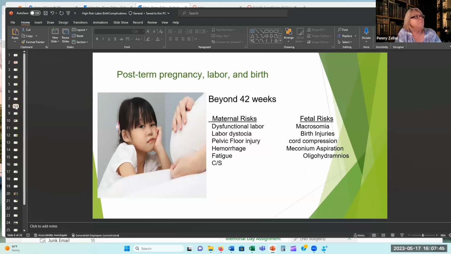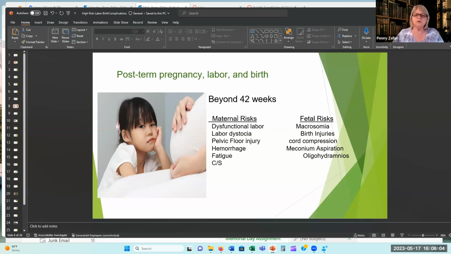Post-term pregnancy is any pregnancy beyond 42 weeks. The placenta is old. It's a temporary organ, and it's beginning to lose its efficiency.